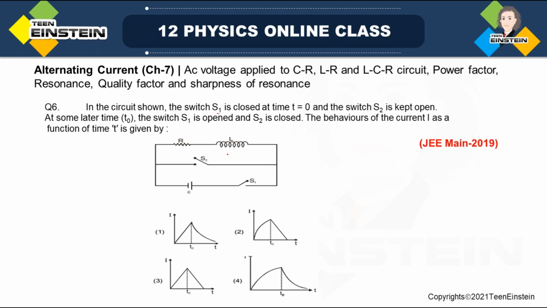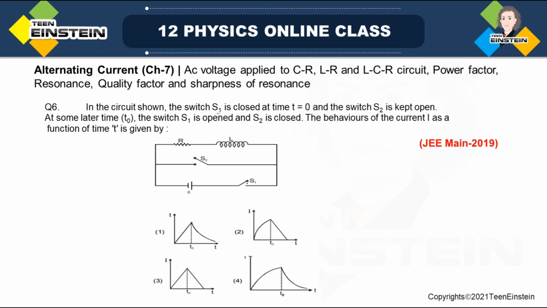Or this can be acting as a charging circuit if it is an instantaneous phenomenon. And S2 is kept open. At some later time t0, the switch S1 is opened and S2 is closed. The behavior of the current I is shown in the figure as time.